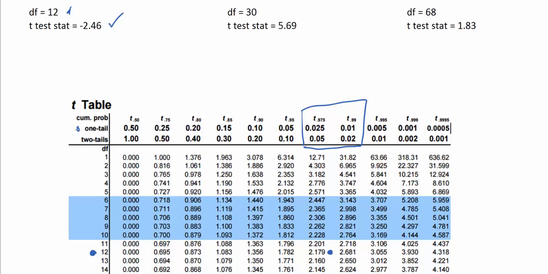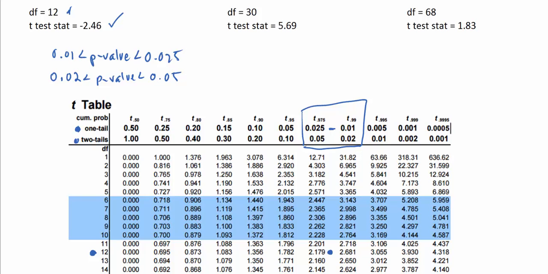If we're doing a one-tailed procedure, that means that our p-value has to fall between 0.01 and 0.025. If we're doing a two-tailed procedure, so we're just asking if there's no difference as our alternative, then it is 0.02 to 0.05.